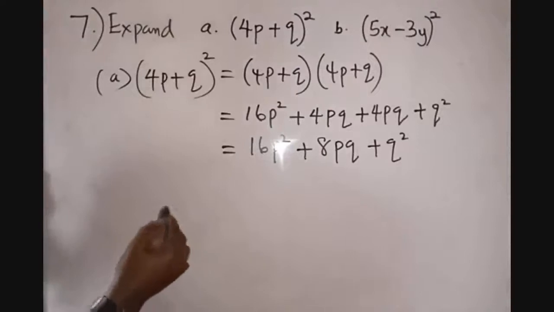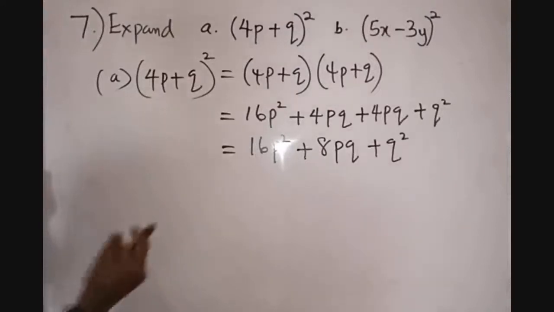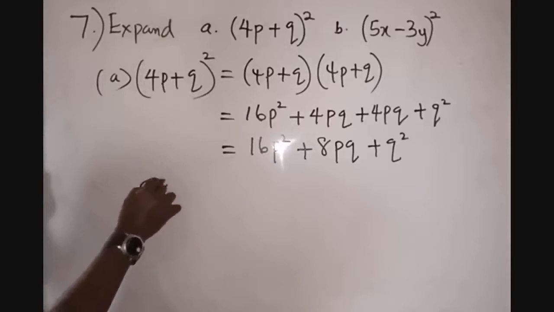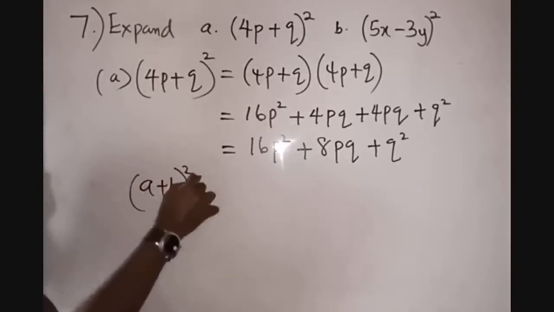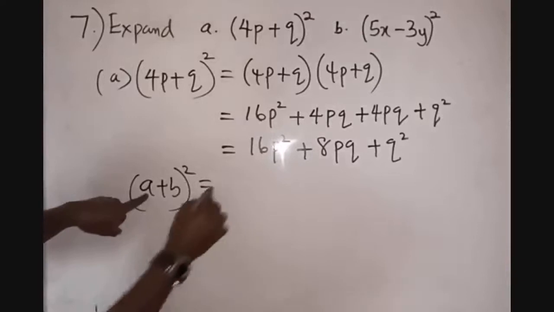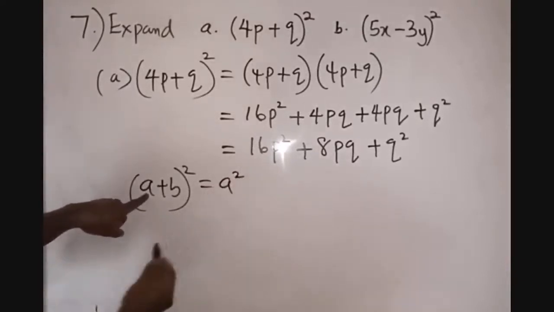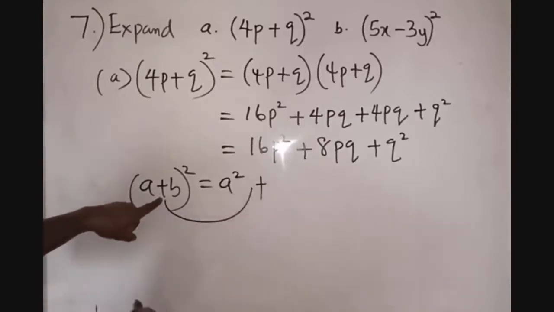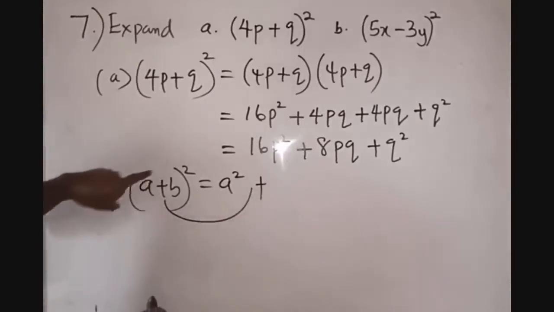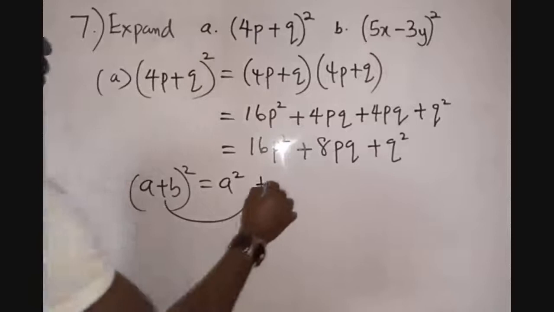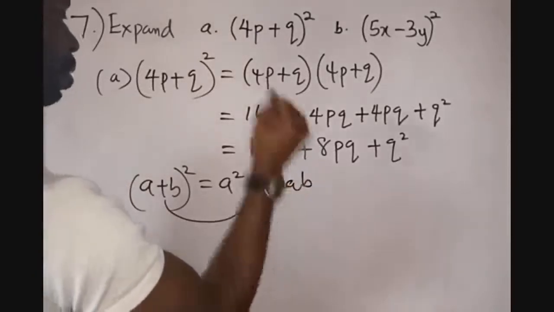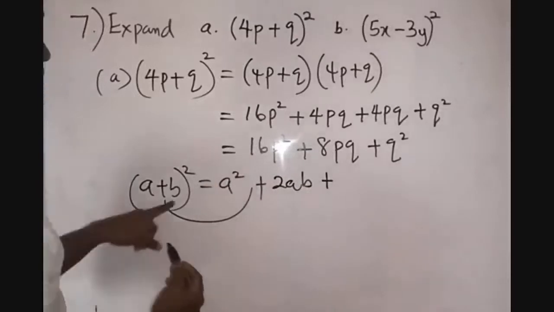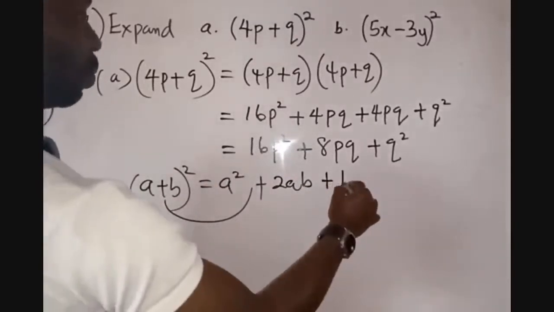Let me remind you, if you check one of the previous videos I did before, where I told you that when you have a plus b and it is squared, it's the same thing as writing a squared. Then whatever sign you have here will come over here. In this case, it is plus. Then multiply these two to give you 2ab, then the last sign is always positive, then this will give you b squared.